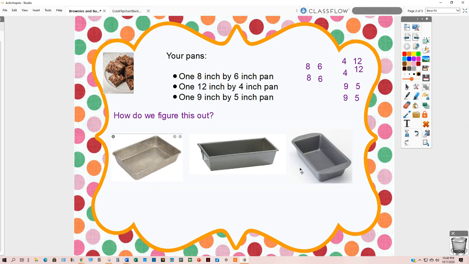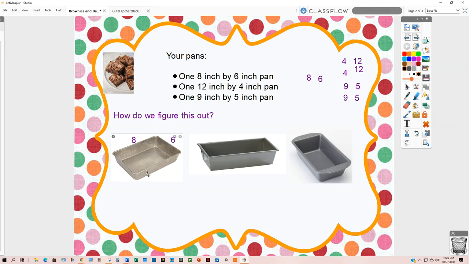So now let's take a look at these pans. I'm going to say that the 8-inch by 6-inch pan is here. So if this is 8-inch, now I know that 8 is long, so there's my 8-inch. This is my 6-inch side.